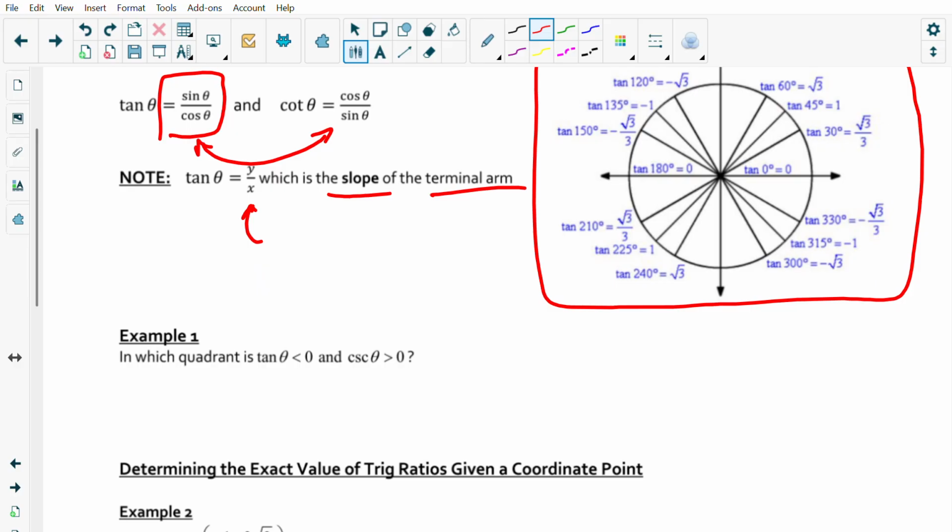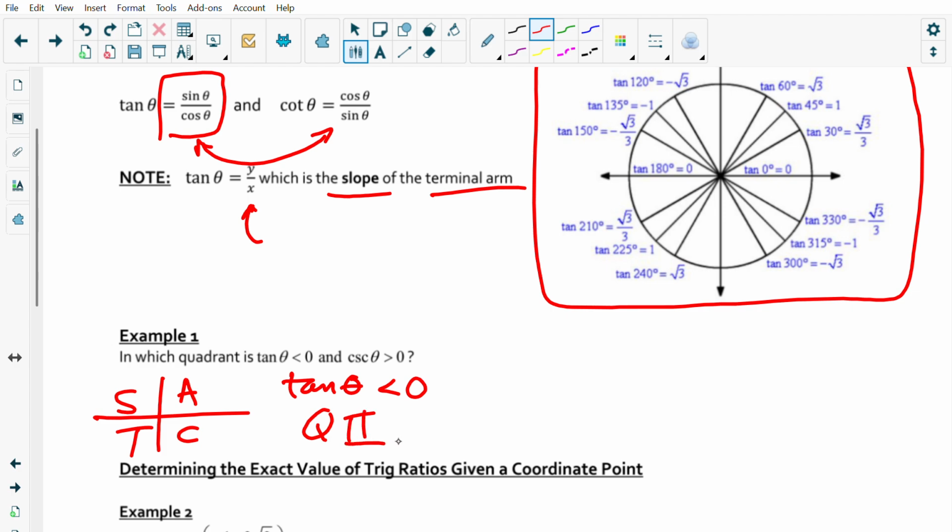Okay, example 1. In which quadrant is tangent of theta less than 0? So CAST, right? The CAST rule. Tangent of theta is less than 0 in quadrant 2 and quadrant 4.